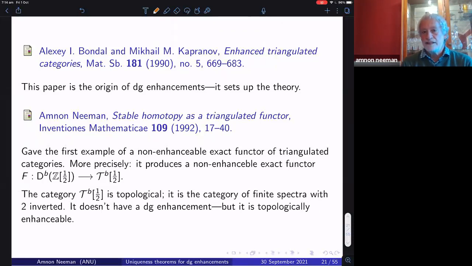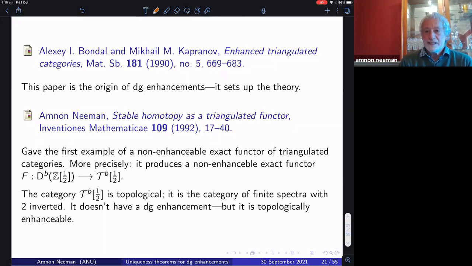The advantage of the formalism of Bondal and Kapranov is that it's simple and very elegant. In fact, I've given you a complete treatment in just a few minutes, whereas I couldn't do that with the infinity category version, at least not if I wanted to give a complete and honest treatment. Anyway, we will be doing things in the DG context, and the paper which started this is from 1990.